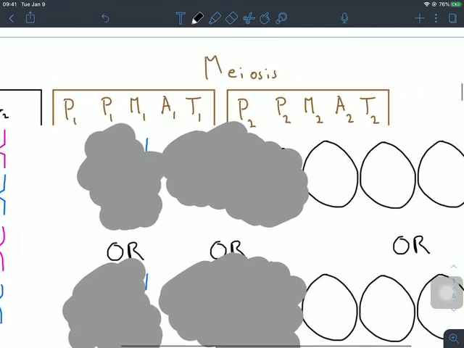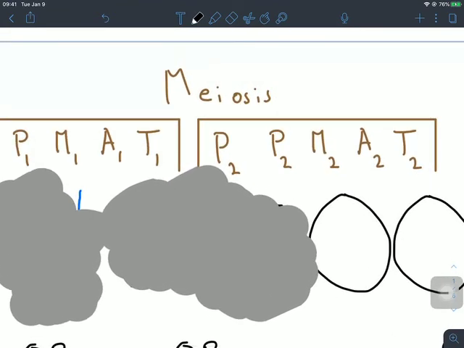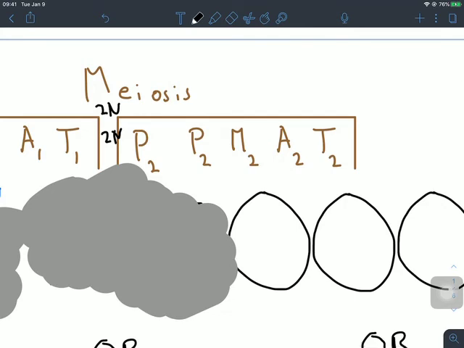But because one round of this division ends up in 2 cells that are diploid, you need to do the whole thing over again in order to end up with 4 cells that are haploid.